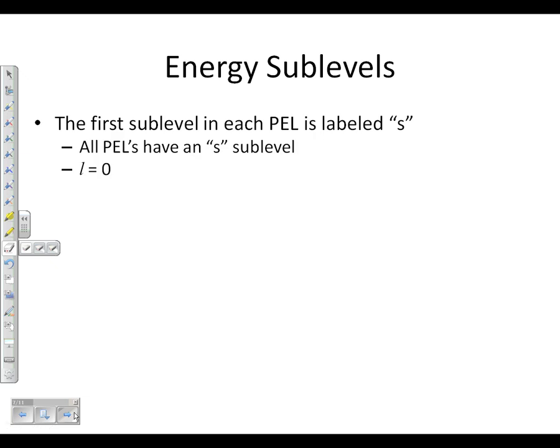The first sublevel in each principal energy level, that's what PEL stands for, is labeled as S. What's the first thing I drew in every color? I drew a circle first, right? Because what are S orbitals shaped like? They're shaped like spheres. Every principal energy level, every rung on the ladder, has an S orbital.